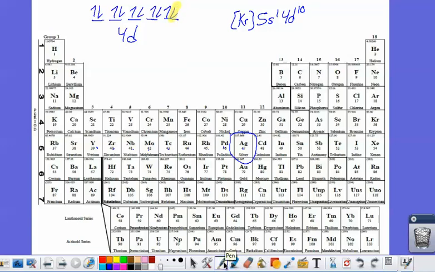So we already know we're in the 4D, so 4 is our first quantum number. D is 2. So then the m sub l is going to be going from -2 to +2. So in this case, we'll have a +2.